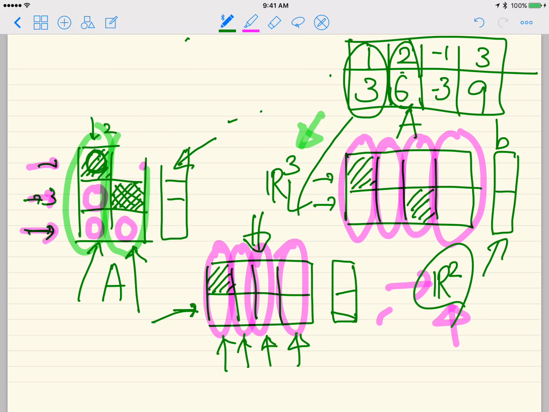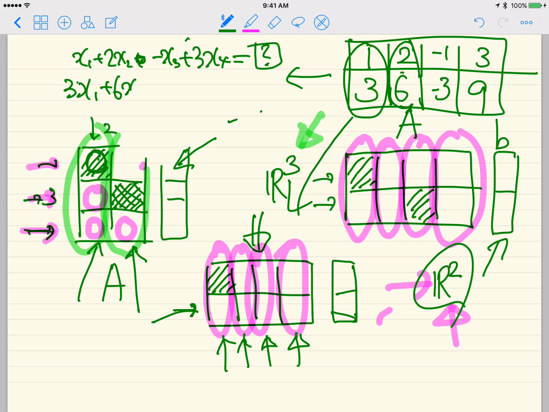In this case, x1 plus 2x2 minus x3 plus 3x4 equals something. And the second equation is 3x1 plus 6x2 minus 3x3 plus 9x4 equals something.